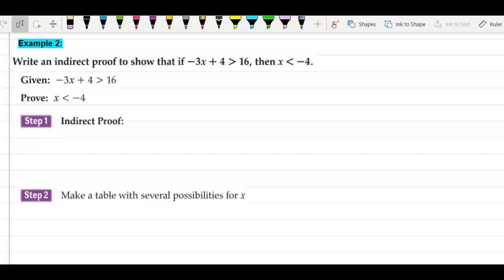For this one, write an indirect proof to show that if negative 3x plus 4 is greater than 16, so that's our given, then x has to be less than negative 4. We're going to start by making an assumption, which is the negation of what we're trying to prove.